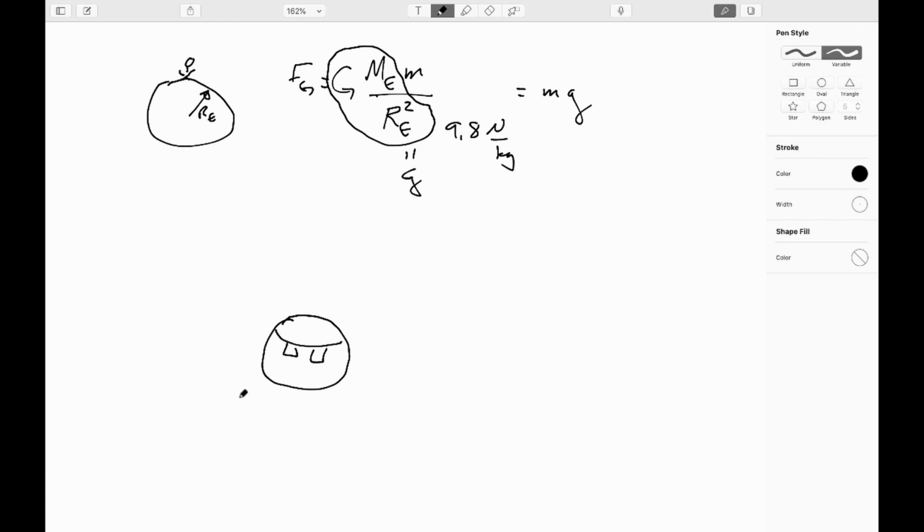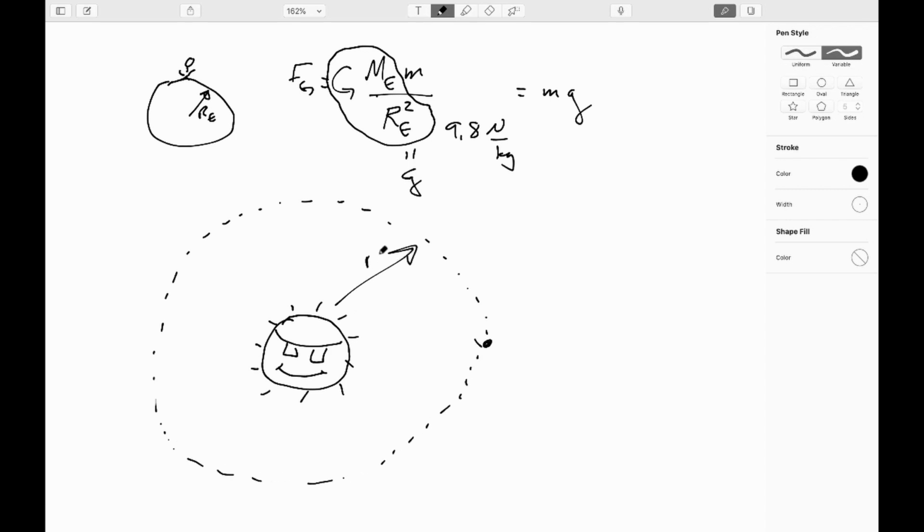Kepler had taken a look at the motion of planets around the sun, and one of the things he worked out was that the orbital period of a planet around the sun, if you squared that period, the square of that period goes as the cube of the orbital radius. And that's supposed to be a circle-ish, but that didn't work out too good.